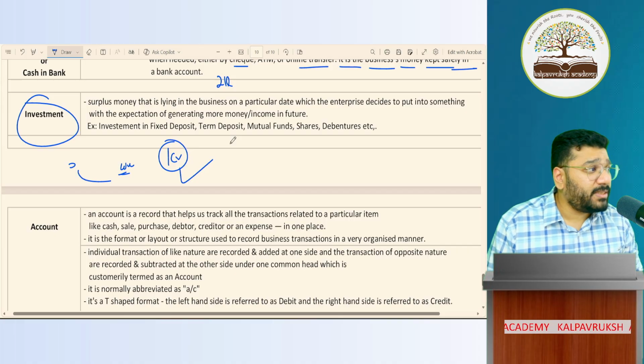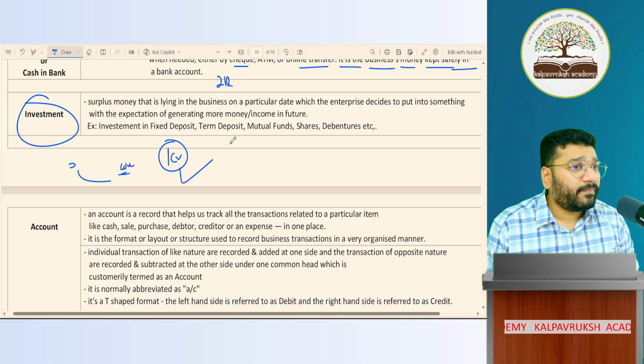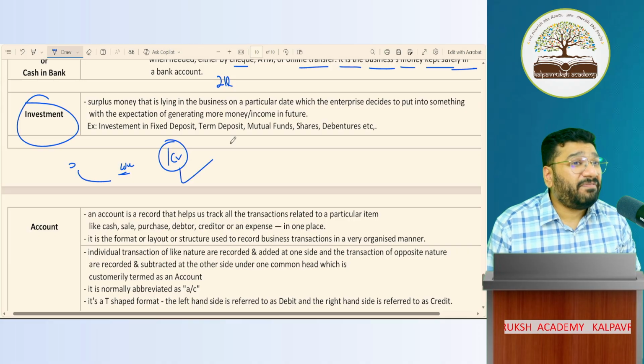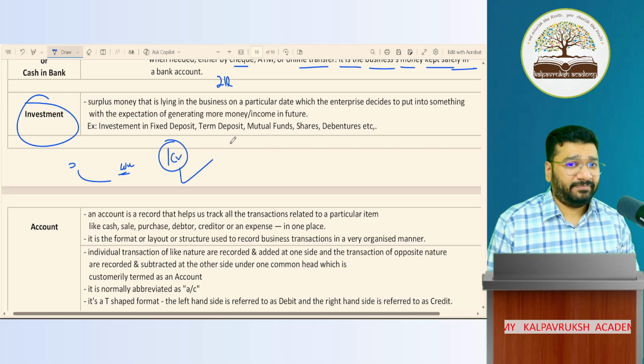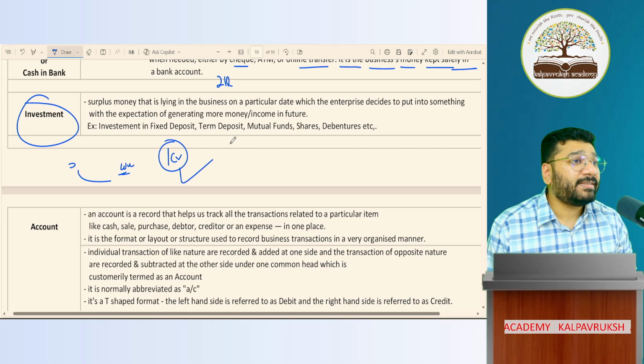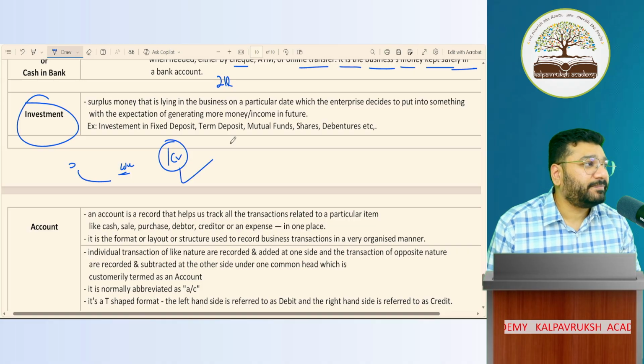A prudent businessman, who is very careful in handling money, will never keep the money idle. If any person on this planet is keeping the money idle, he is the biggest fool on this planet, which means they don't know what financial management is.